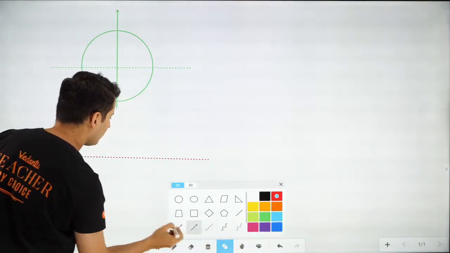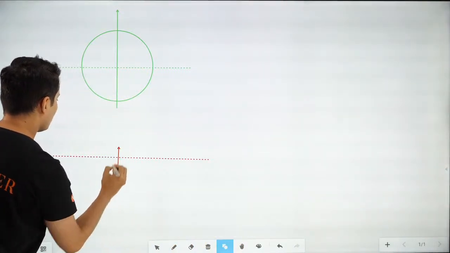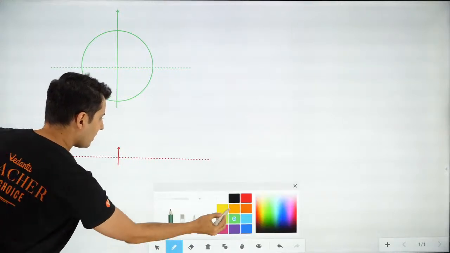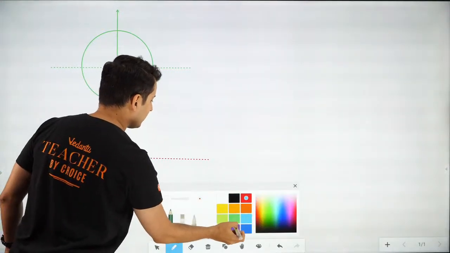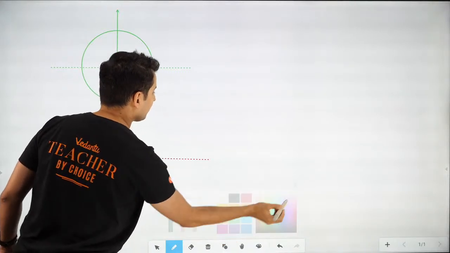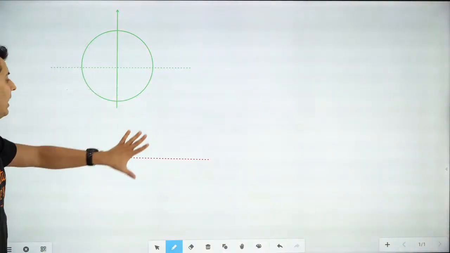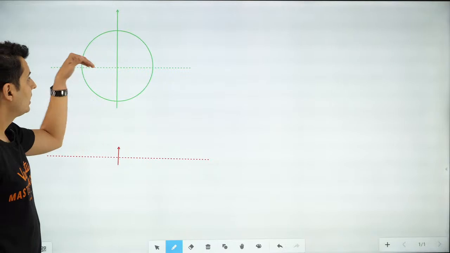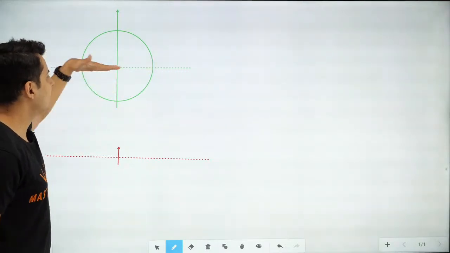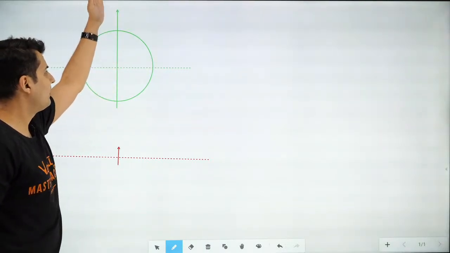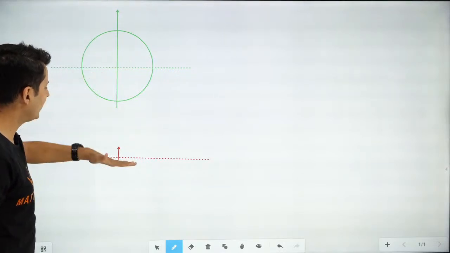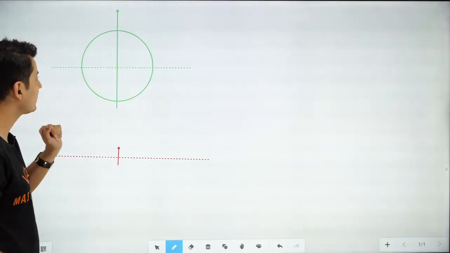So this is my mean position. On the top I have drawn a circle. This dotted line is the x-axis, the vertical line, the solid line is the y-axis. A similar dotted line has been drawn here with the y-axis.